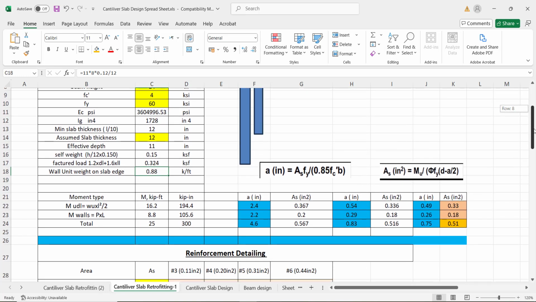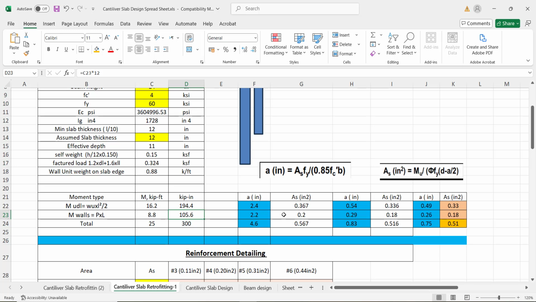Coming to the analysis, the moment due to the uniformly distributed load is 16.2 kip-feet, and in inches this is 94.4 kip-inch. This is the moment due to the point load, 105.6. The total moment is 25, and this is 300.